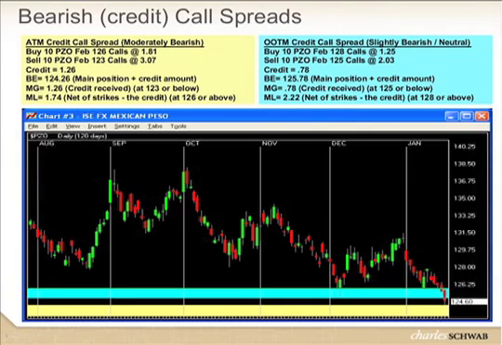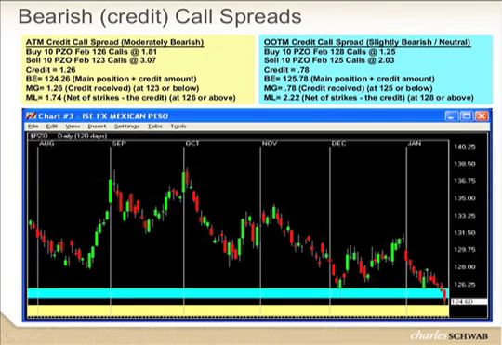Well, 123 happens to be the very bottom edge of that yellow zone that I've drawn in below. Anything below that, of course, is the max gain, and you can't see it on the chart, but 123 is the top of the max gain. Anything below that is max gain all the way on down to however low it can go. So not only do I need downside movement to break even, I need quite a bit of downside movement in order to hit my max gain on this.